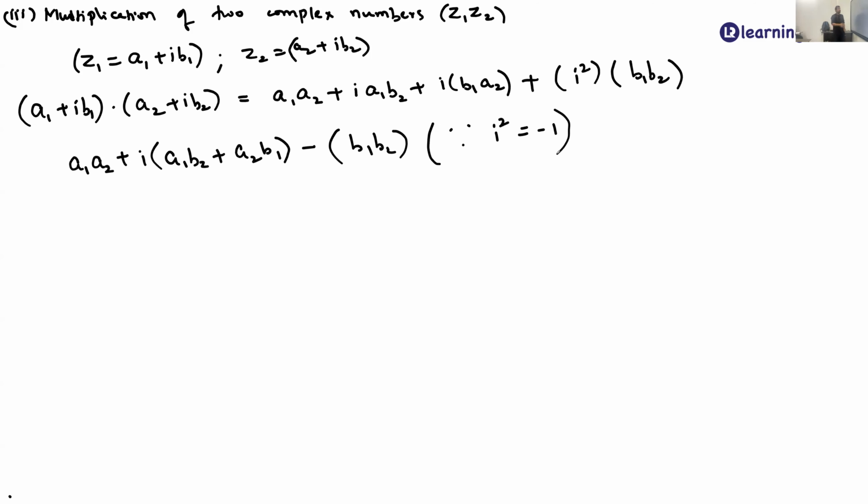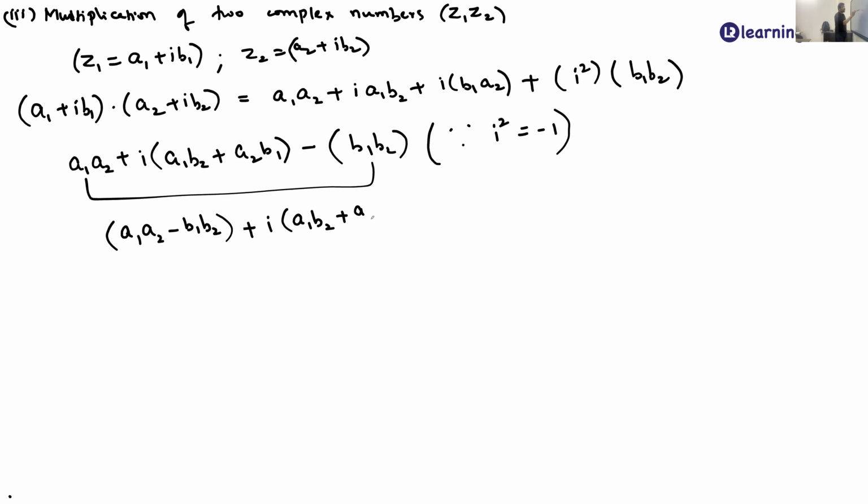Now this is going to be the real part: A1 A2 minus B1 B2, plus I times A1 B2 plus A2 B1. So the four terms get rearranged in this format, where this is the real part and this is the imaginary part.